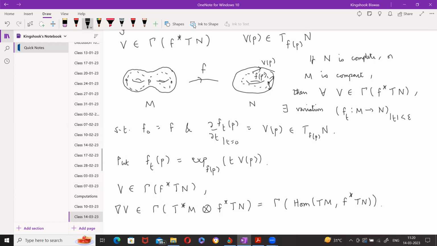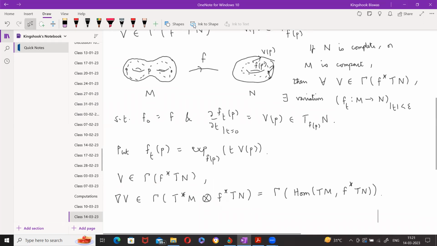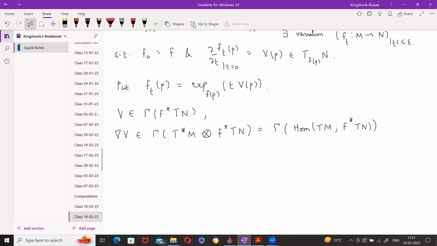Is that clear? Yeah, it's clear. Okay. And also, dF is a section of the same bundle, Hom of TM to F star TN, right?